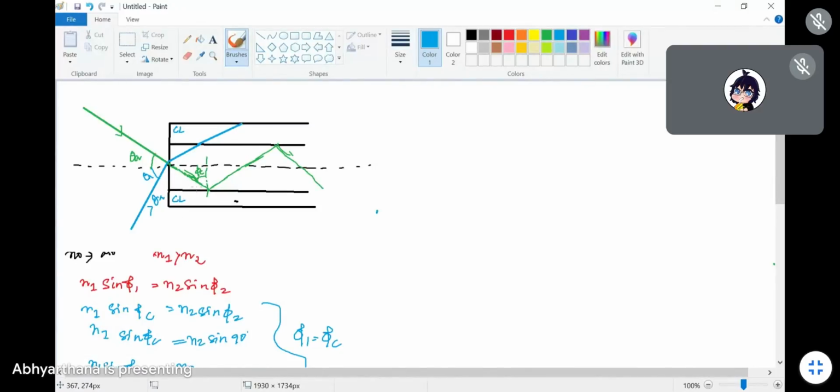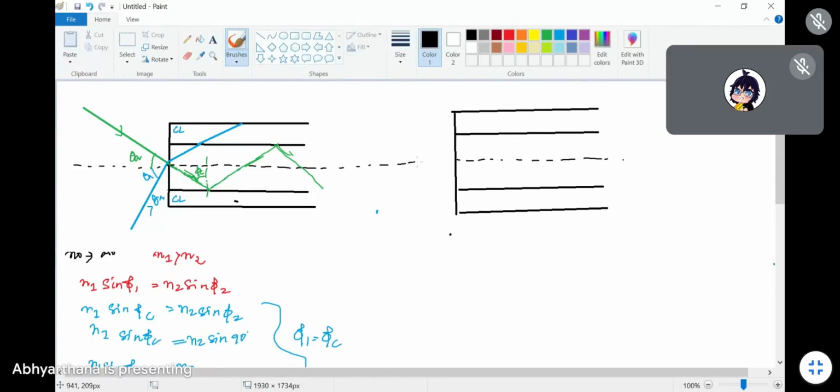So when you try to find out your numerical aperture, we'll have three media over here. This is the central line of the core, the central core axis.